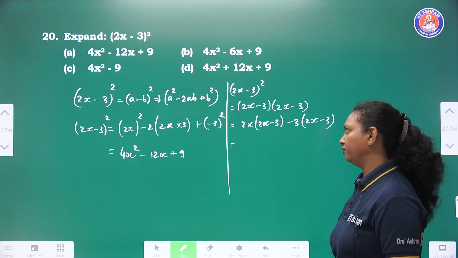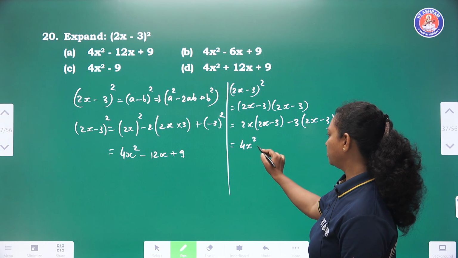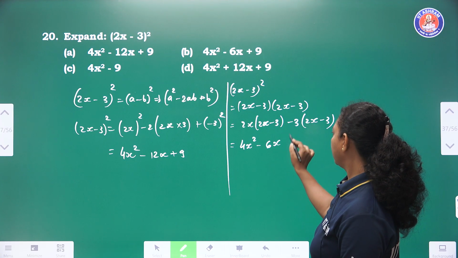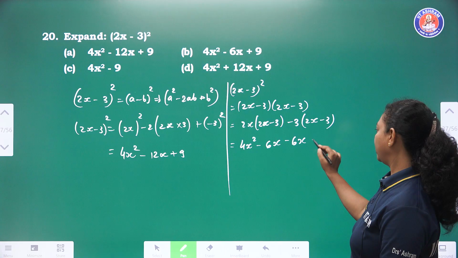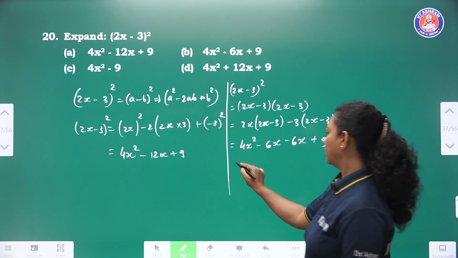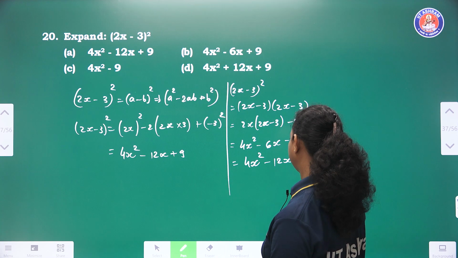So when we simplify, what do we get? 2x into 2x is 4x square. 2x into minus 3 is minus 6x. Minus 3 into 2x is again minus 6x. Minus minus plus, 3 3s are 9. So when we simplify, we will get the same answer.